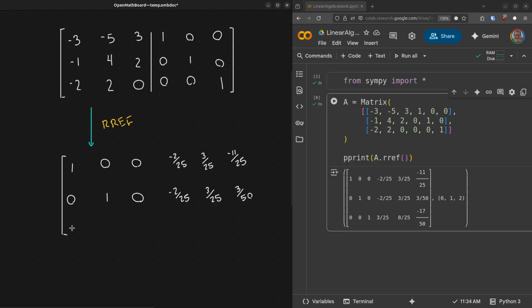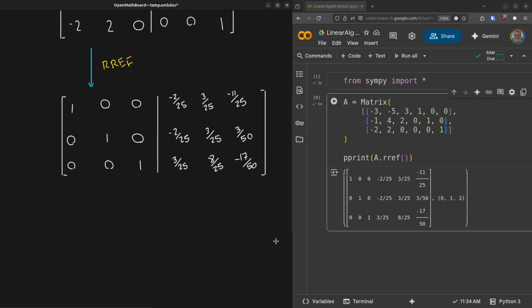And row 3, 0, 0, 1, 3 over 25, 8 over 25, negative 17 over 50. Okay, so now I can use this matrix to tell me if the vectors are linearly independent and if the vectors span R3.